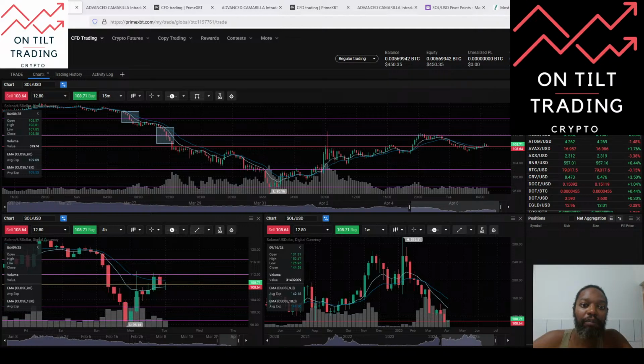These purple lines are the Camera pivot points for today, so they would have been different for yesterday. But just looking at price action alone, you can see during this sell-off that the 18 EMA is trading above and the 9 EMA is trading below for this sell-off that happened yesterday.